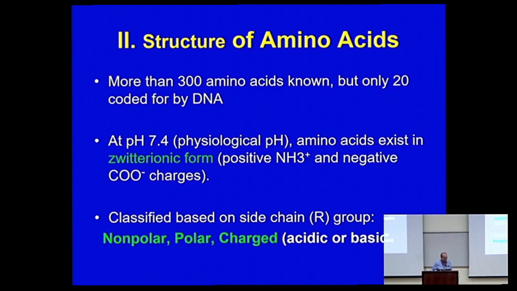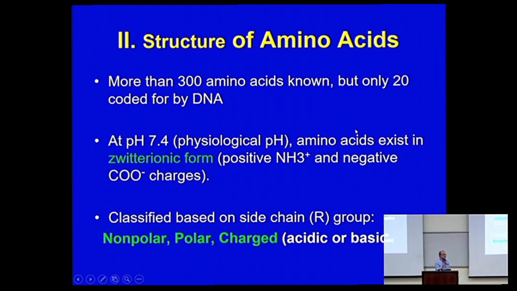But before I start that, I want to remind you of these two dissociable groups we talked about, the carboxylic group and the amino group present in all amino acids. The carboxylic group under physiological pH, say around pH 7, will dissociate from COOH to COO minus.